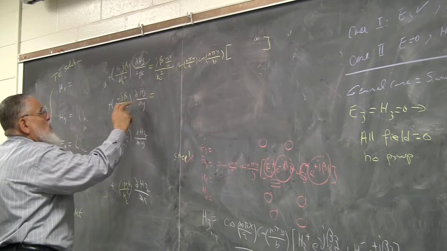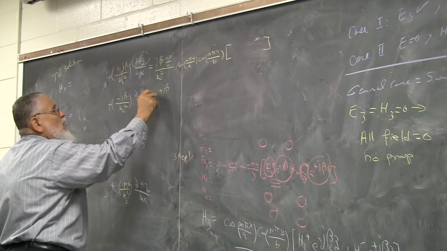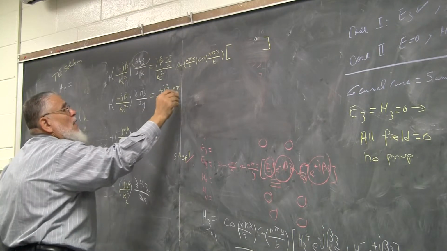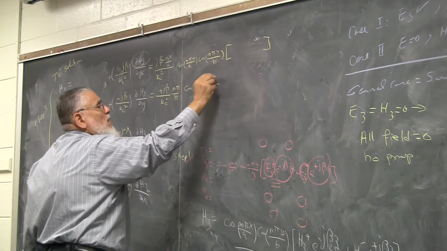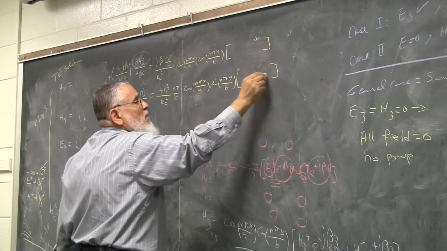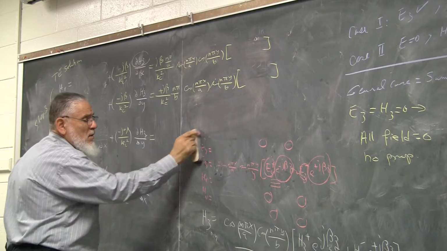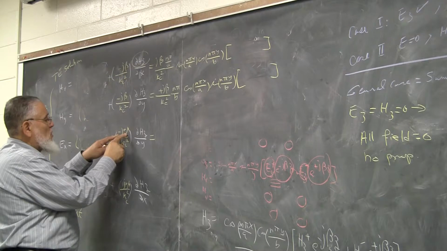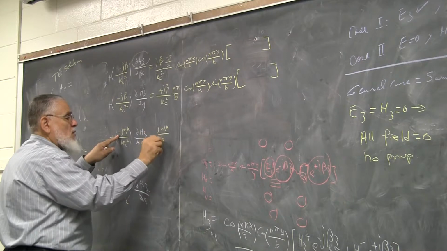This one here will be differentiated with respect to y, so I get a plus j beta over kc squared. I have n pi over b, cosine m pi x over a, sine n pi y over b, and the square bracket for the z. This one here is going to be a minus j omega mu over kc squared, so it's going to give me a j omega mu over kc squared.